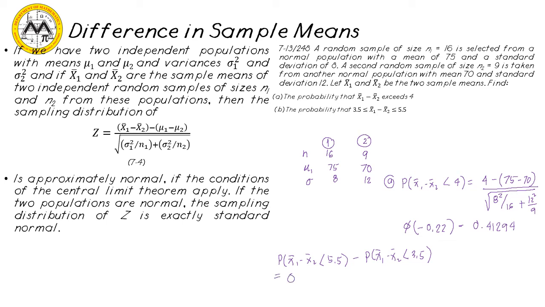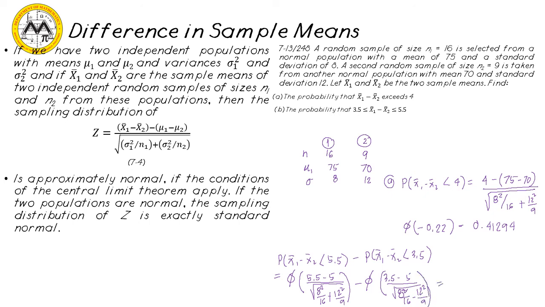So this is equal to phi of 5.5 minus 5 over square root of 8 squared over 16 plus 12 squared over 9, minus phi of 3.5 minus 5 over square root of 8 squared over 16 plus 12 squared over 9.